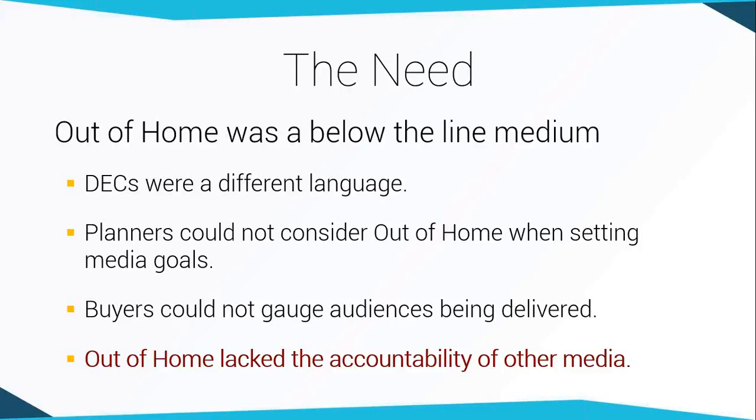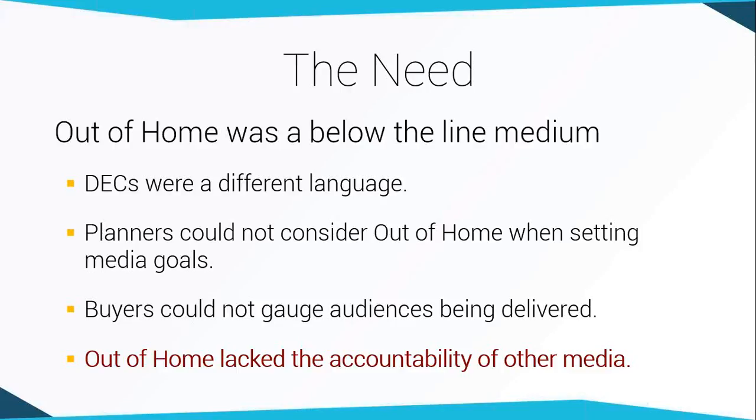And out-of-home simply wasn't considered there. If you have a planner that really likes out-of-home, they could set aside some money. You could find different ways into the media plan in other ways. But in terms of from the top, from the start, how are we gauging audiences and where are our dollars going in real media terms, that simply wasn't an option.